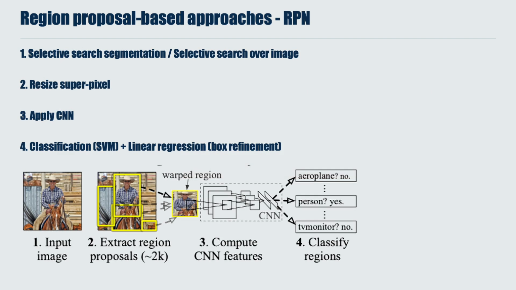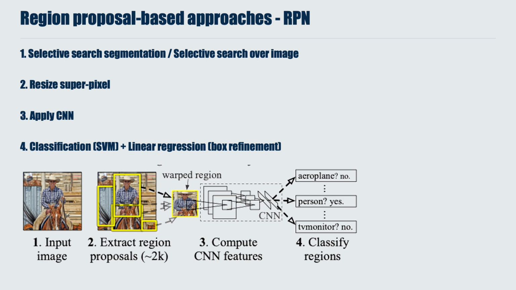So let's look into region proposal based approaches. We call them RPN, and here is a typical RCNN, the first one that I was mentioning. I was saying they do their initial proposals with selective search segmentation, with this typical objectiveness selective search that we mentioned before.